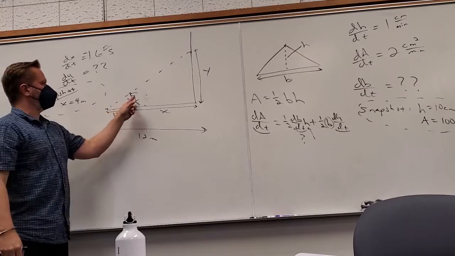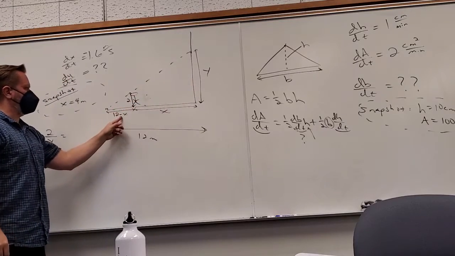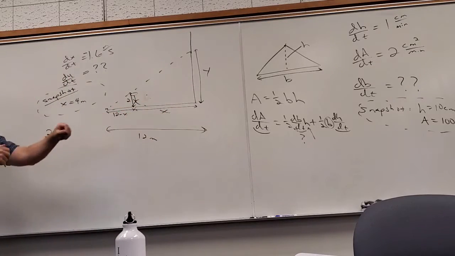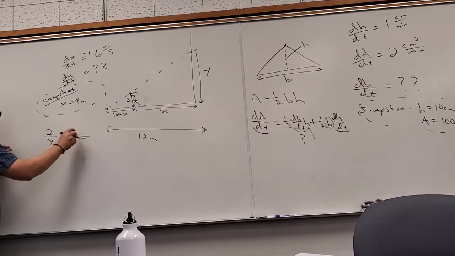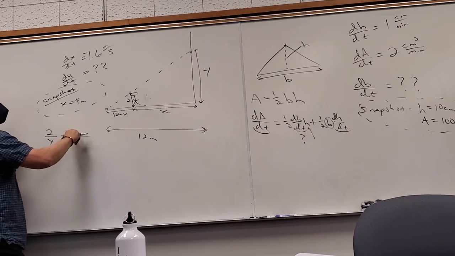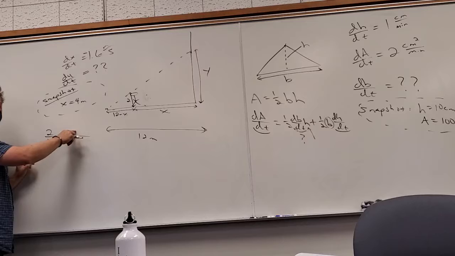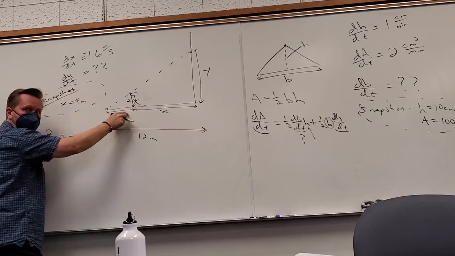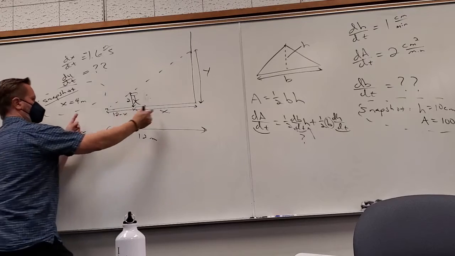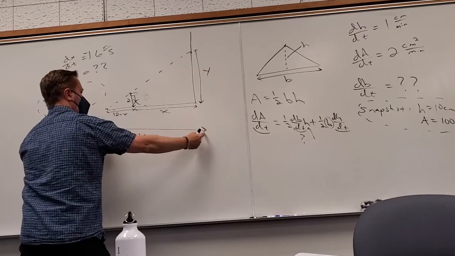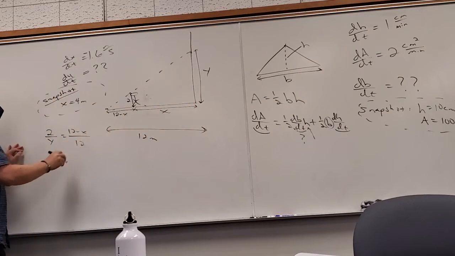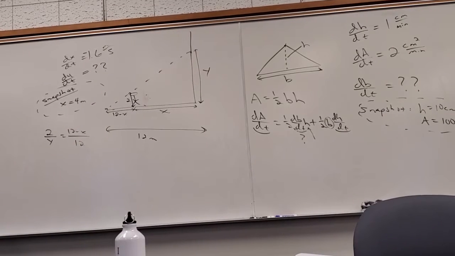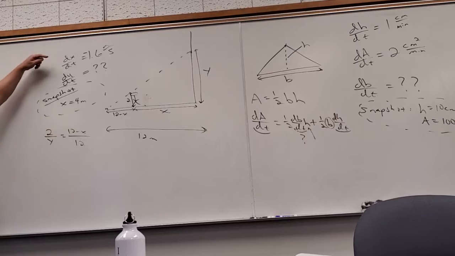So whatever I multiply this by to get this, I must have multiplied this by to get this. So what goes here? What's a small x side? What's this? 12 minus x, right? And what's this? And do you see how that connects?